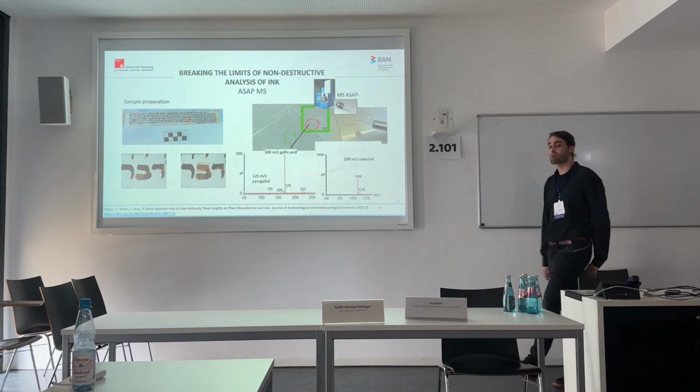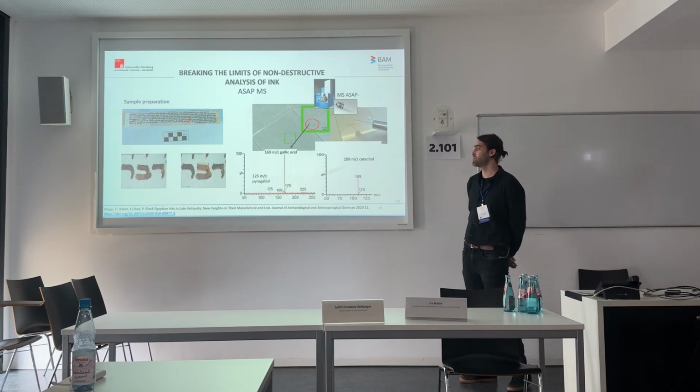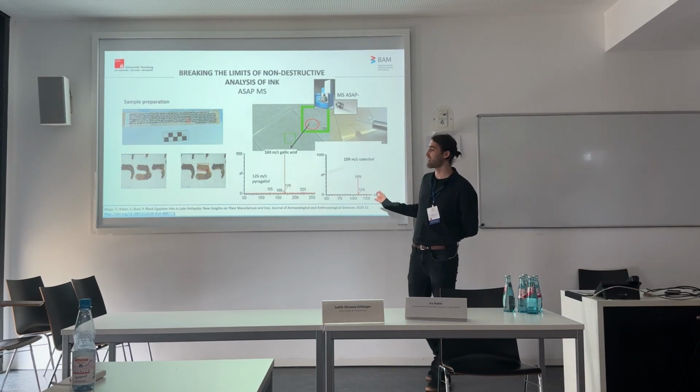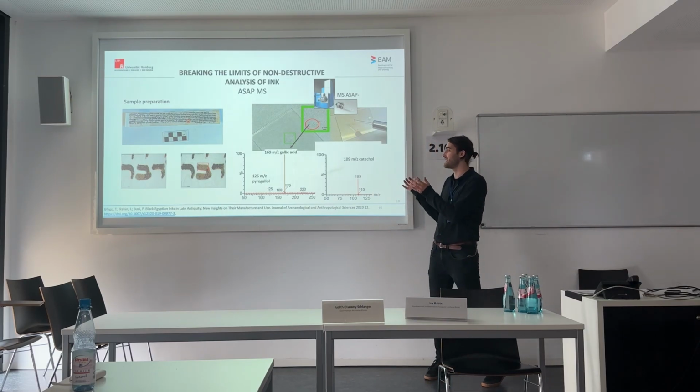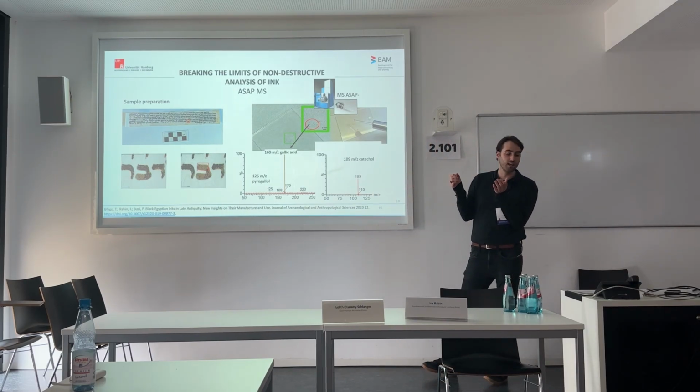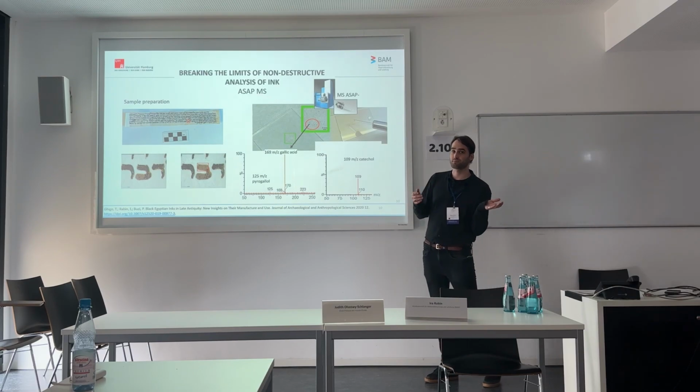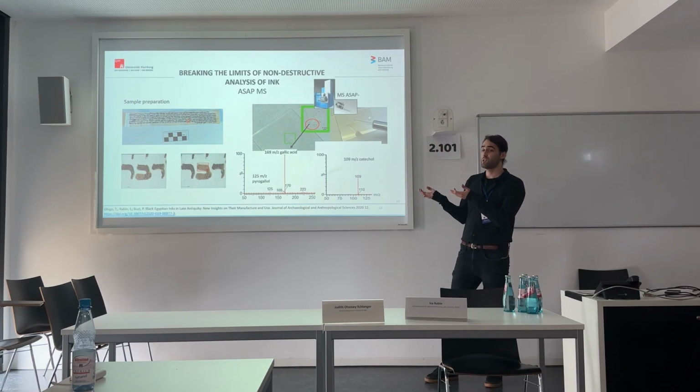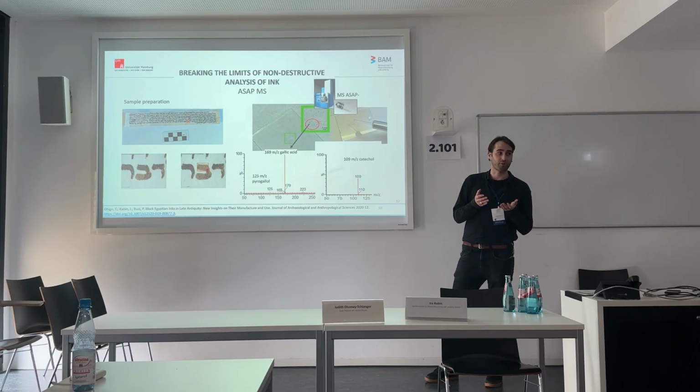In this case, we were able to identify gallic acid and pyrrole. The pyrrole is the smallest fragment of phenolic compounds that gives us a hint that hydrolyzable tannins were used for production of such an ink, pointing towards the source of gallnuts for the preparation of this.